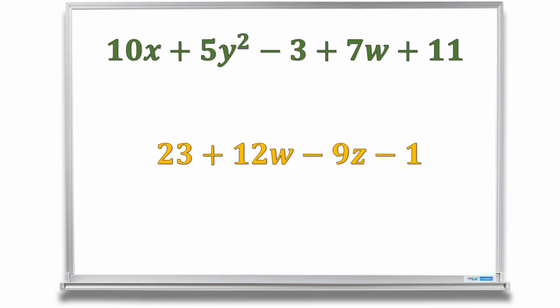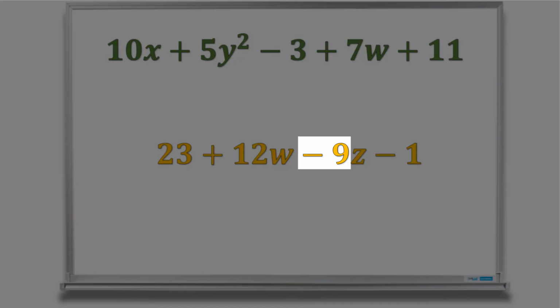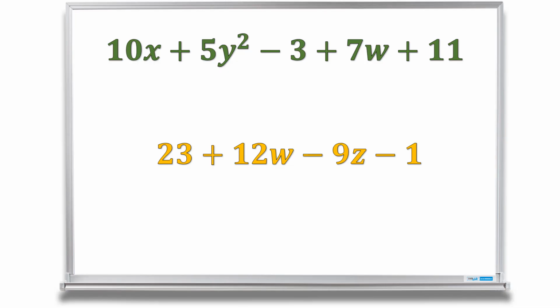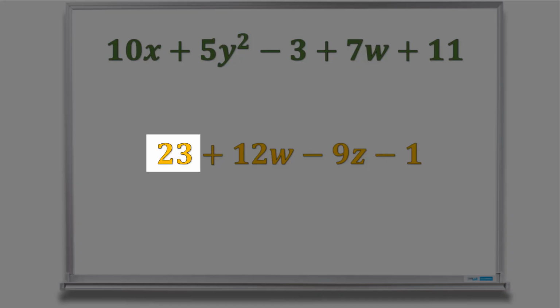What is the coefficient of the second variable term? If you said -9, you're correct. List the constant terms. This expression has 2 constant terms, -1 and 23.